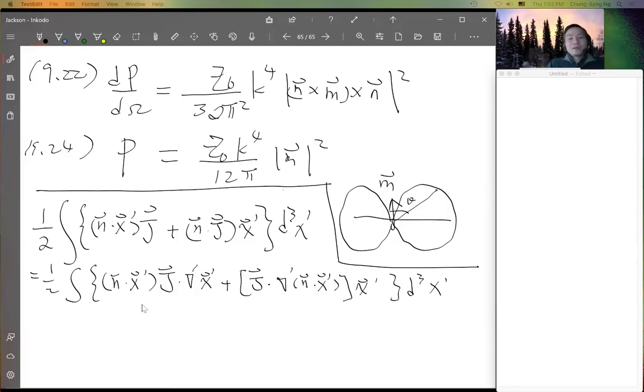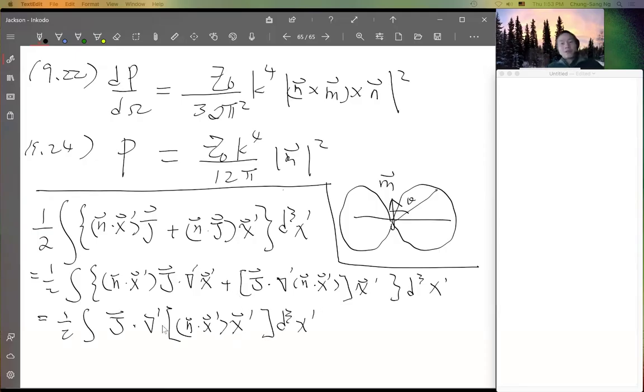And the reason that we can simplify it is because we can combine these two differential operators and write it like this: J dot into this gradient prime of N dot x prime, in the x prime direction, times x prime.